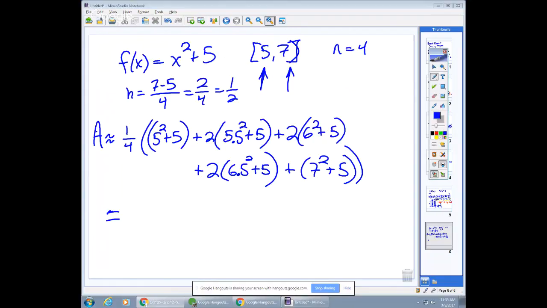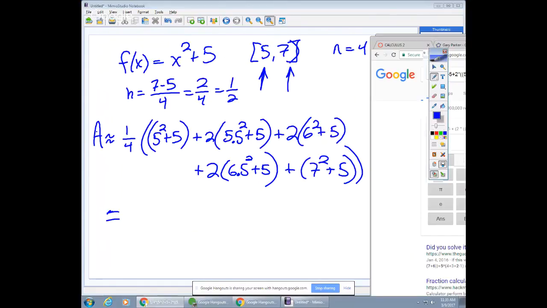All right, there's my left, there's that one. Okay, so if I typed it correctly, I get 82.75.